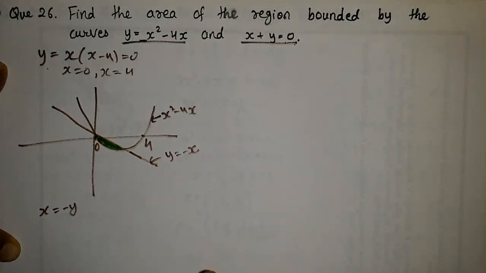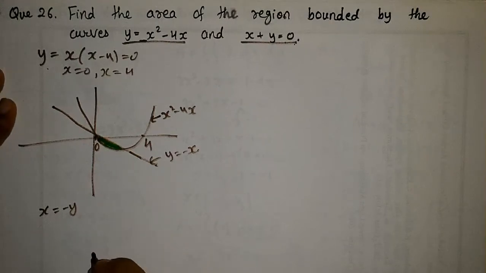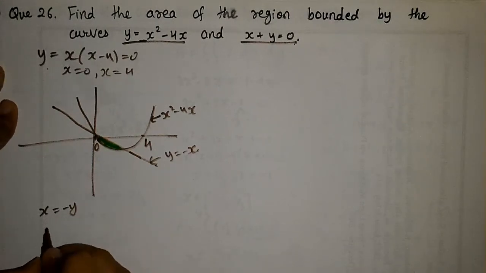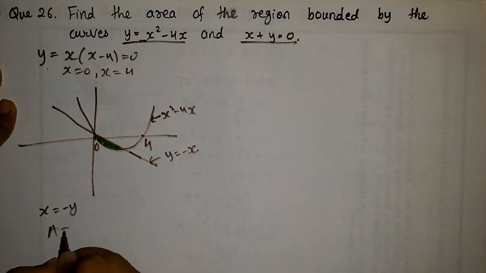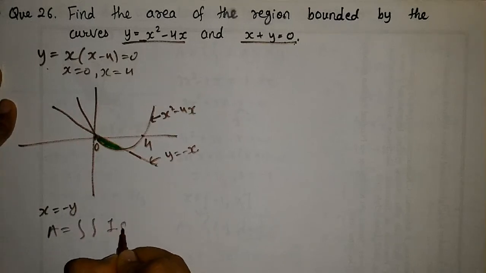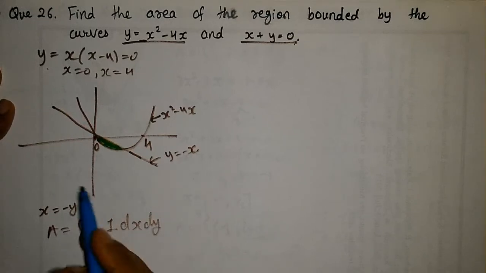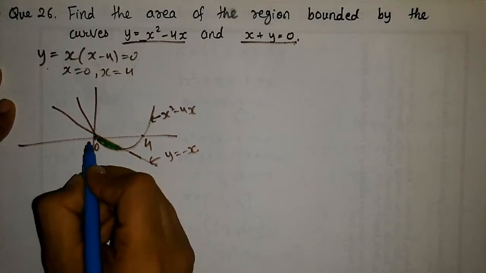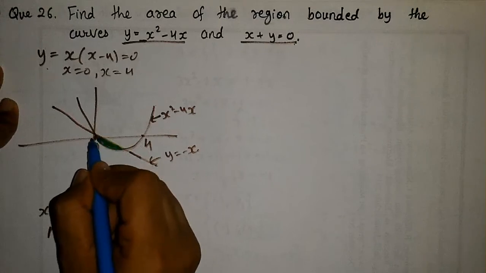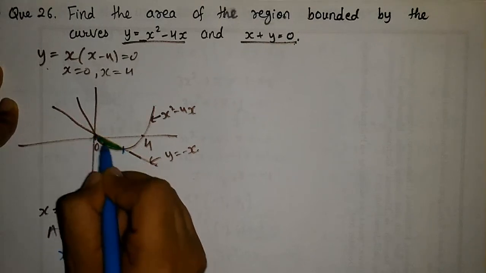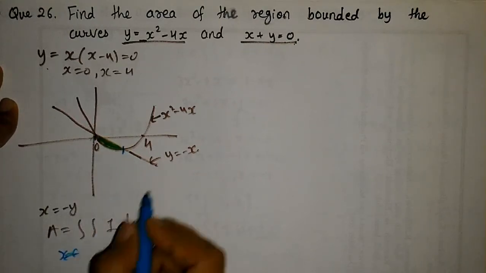Now we know that the formula of area is equal to double integration of 1 into dx dy, and we know that x belongs to 0 to 4, but for this curve we have to find the intercept. So let's first find the intercept.